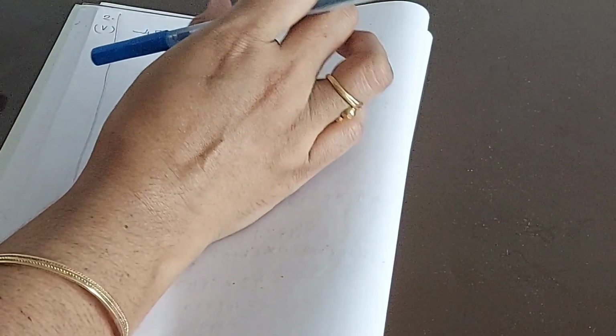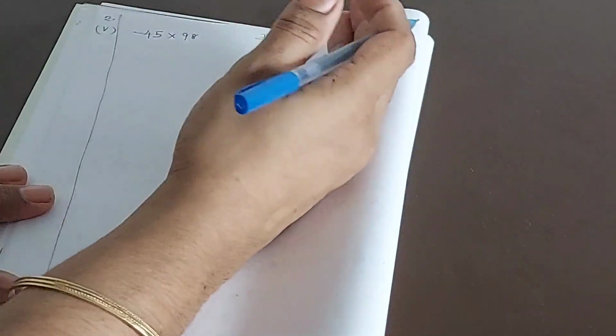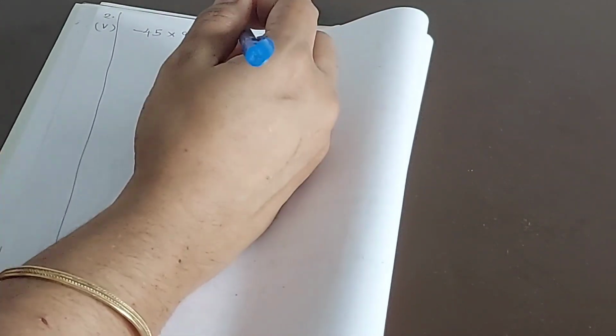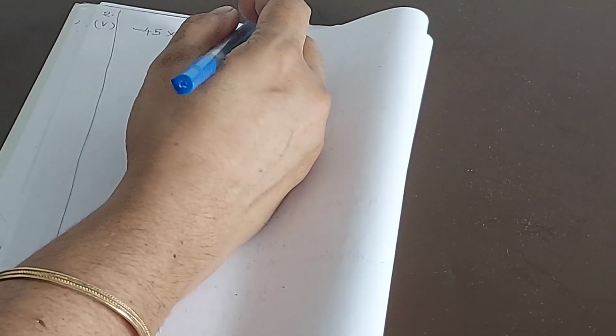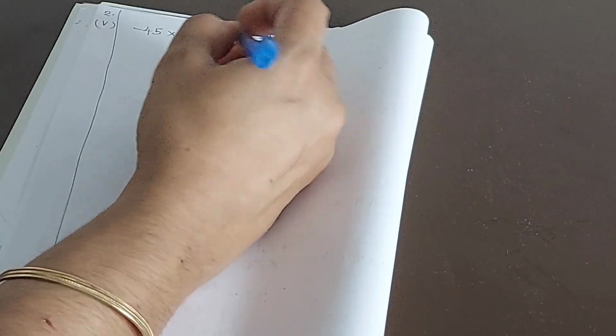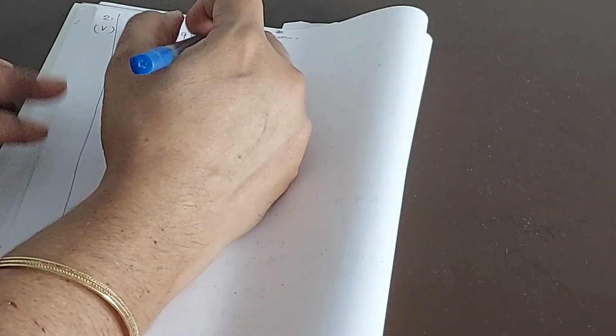We need two integers in the terms, whether in subtraction or addition. Then only we can use any properties we have studied in the chapter, that is associative property or distributive property. If you want to use the distributive property over addition or subtraction, we need at least in one term two integers, right? So you all know that, I think.